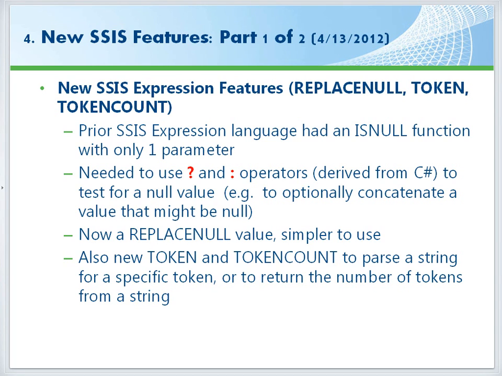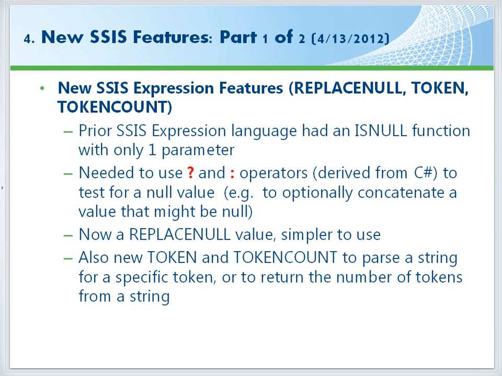Now, if you've ever had an instance where you need to parse a string and determine the number of tokens inside of it, or maybe to get the second word or the third token inside of a string, there is now a new token function to get the specific token from a string, and there's also a token count function to return the number of tokens. This is an interesting feature.